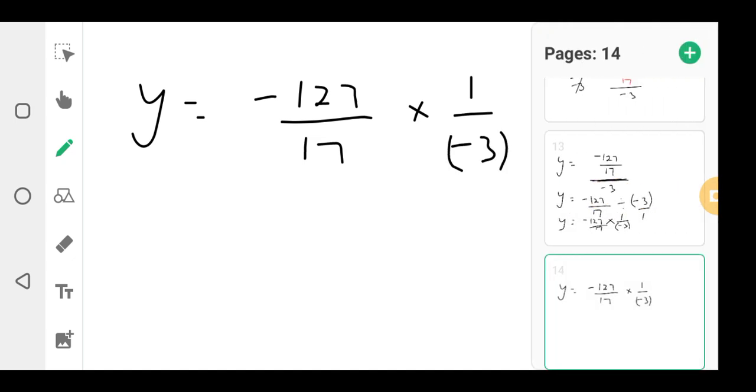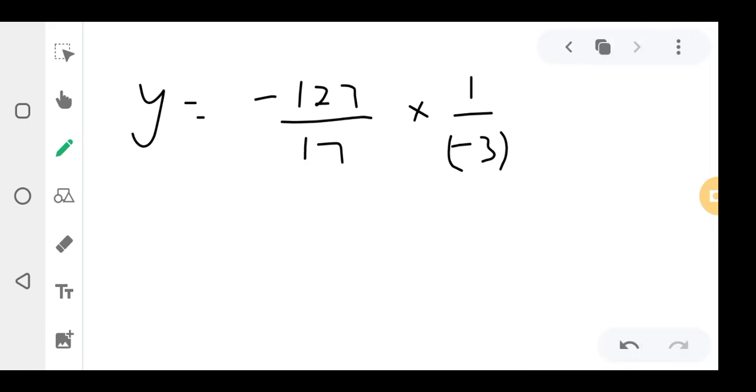Okay? So y is equal to 127 times 1, negative 127 over 17 times 3 times negative 3.